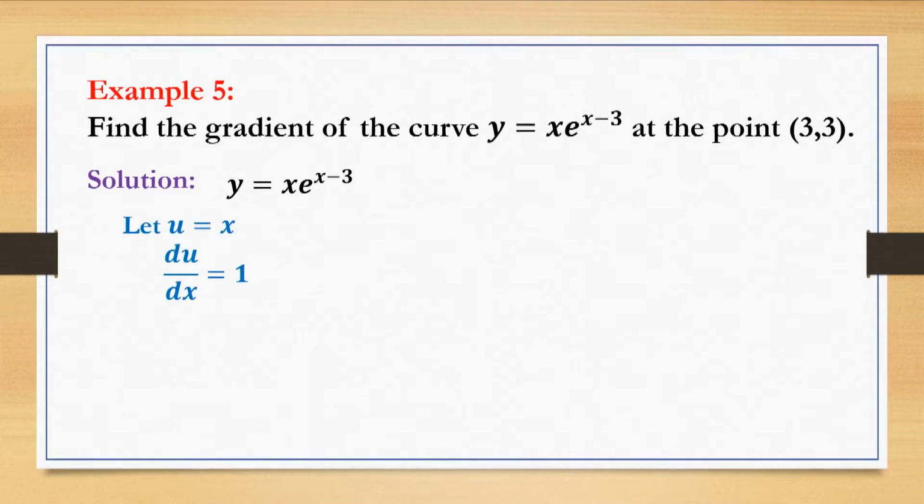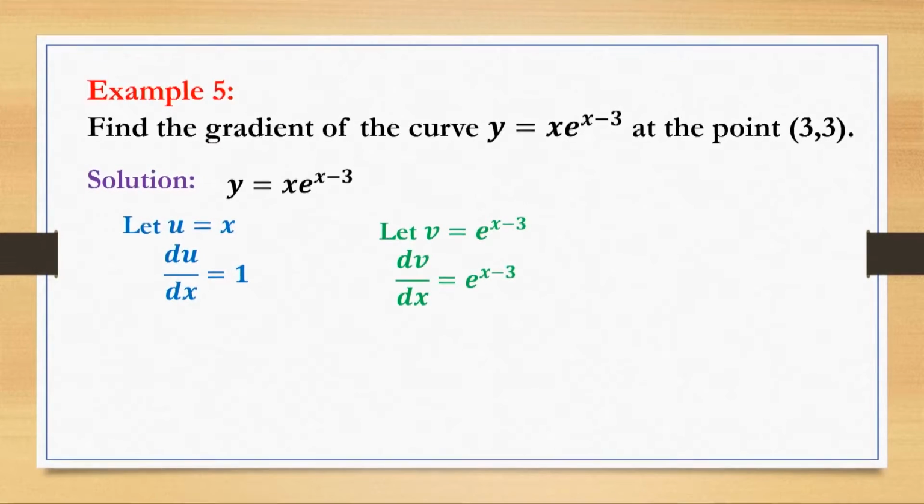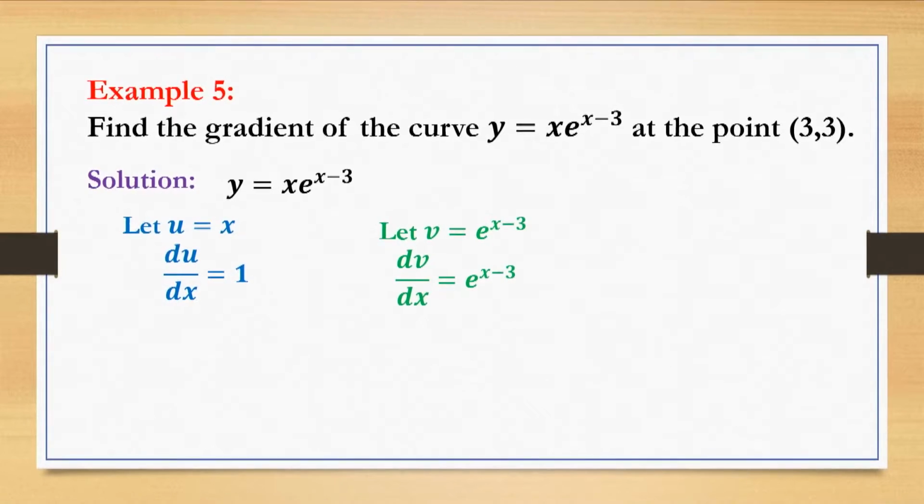Let u be equal to x, so I get du by dx equal to 1. Let v be equal to e power x minus 3, and dv by dx will be e to the power of x minus 3 times the derivative of the power, which is 1. So dv by dx will give me e to the power of x minus 3.